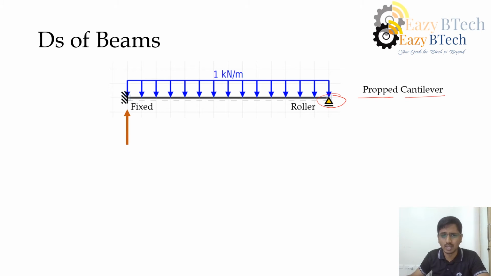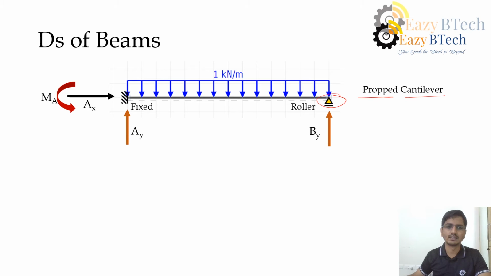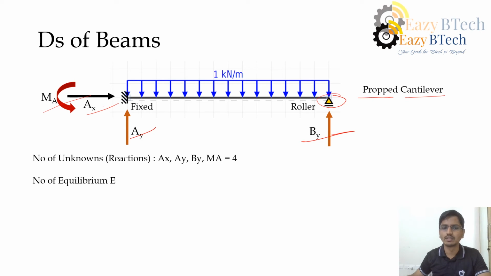So let us see how many reactions we'll get at this end and that end. For fixed, we know we'll get three reactions: Ax, Ay, and Ma. Whereas for the roller, we get only one reaction, By. Now how many reactions do I get in total? That is 3 plus 1, which is 4.